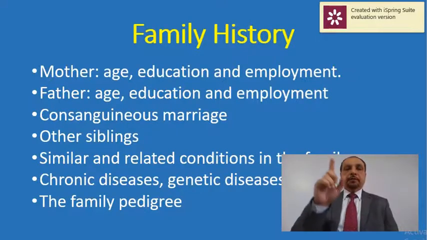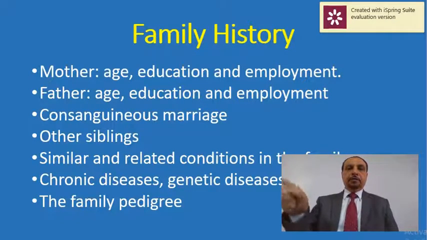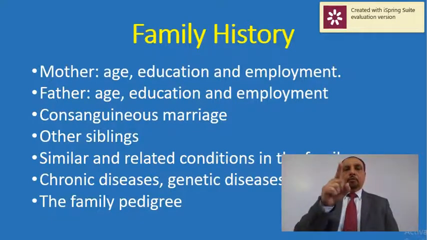You will start, for example, with a square for the father and a circle for the mother. You put one line between them, but if there is consanguinity, you will put two lines. You will start from the left side to write the eldest child, whether boy or girl, and the age, whether diseased or not.